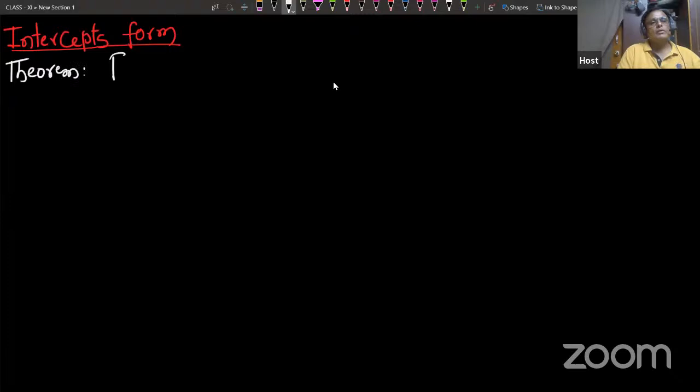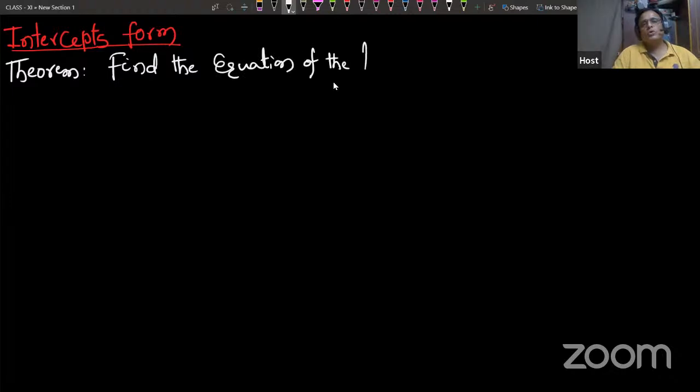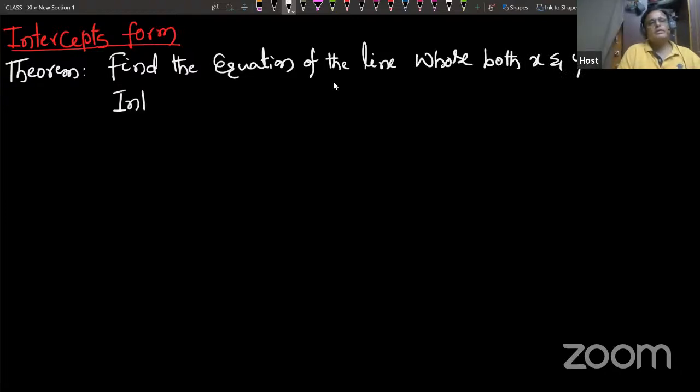Find the equation of the line whose both x and y intercepts are A and B respectively.